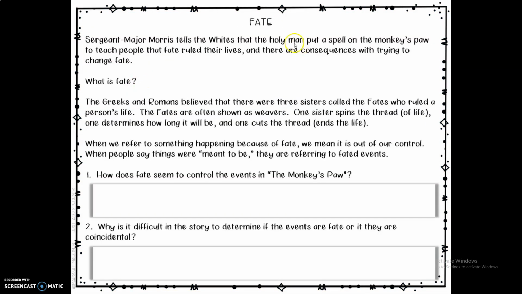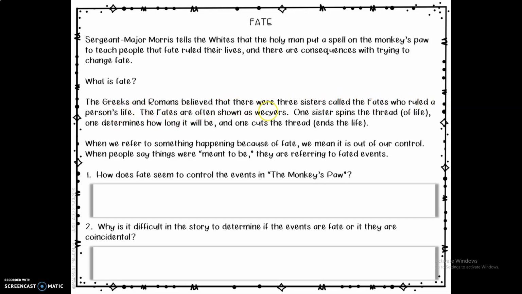And our final analysis is fate. Sergeant Major Morris tells the Whites that the holy man put a spell on the monkey's paw to teach people that fate ruled their lives, and there are consequences with trying to change fate. What is fate? The Greeks and Romans believed that there were three sisters called the Fates who ruled a person's life.